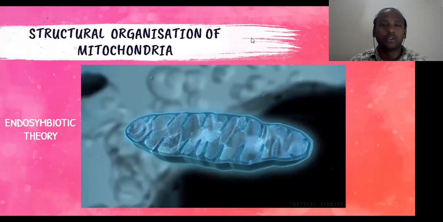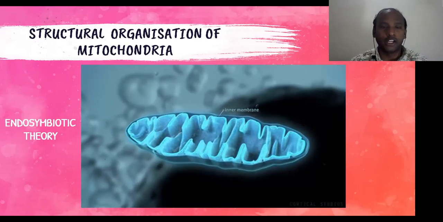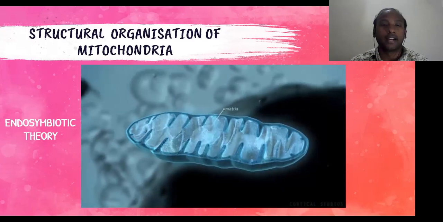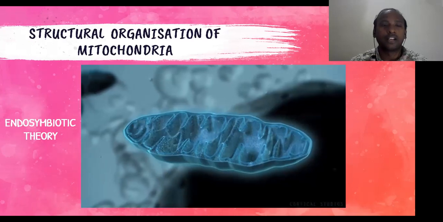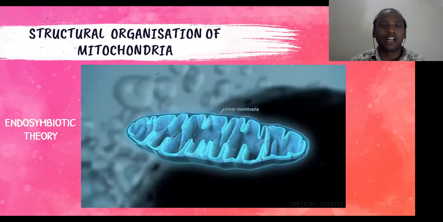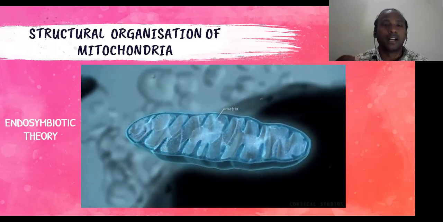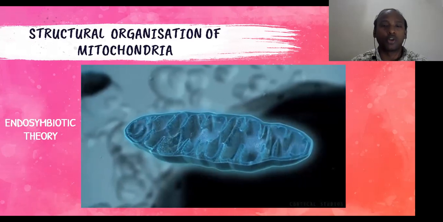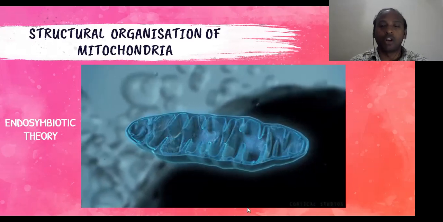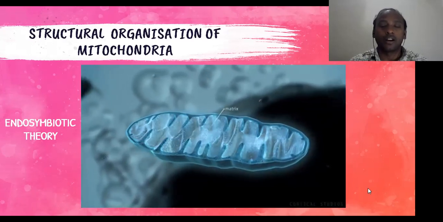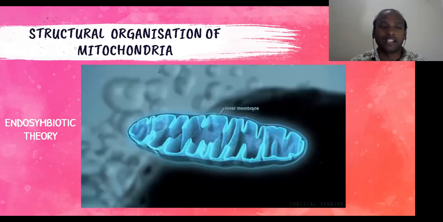To understand the electron transport chain, we should also have knowledge about the mitochondria. The mitochondria is the major organelle involved in these energy generation pathways, the electron transport chain and oxidative phosphorylation. The major theory for the origin of mitochondria in a eukaryotic cell is the endosymbiotic theory.